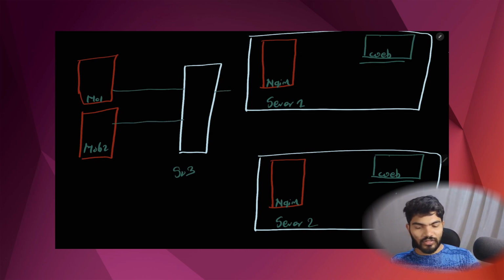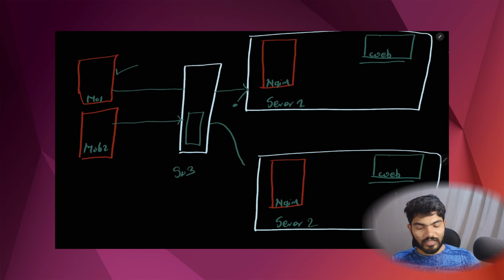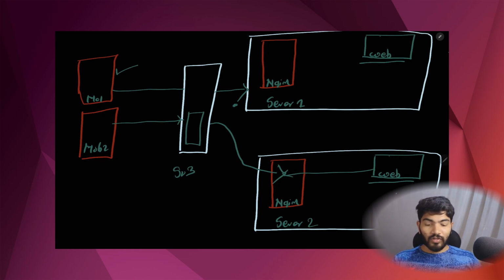The first request goes to server 1, and when the second request arrives, nginx or the load balancer will see which server is busy and which server is free. Right now server 1 is busy serving mobile 1, so the load balancer will send the request to server 2, and server 2 will send back the response to the respective mobile phone. This is how typically the load balancer works.